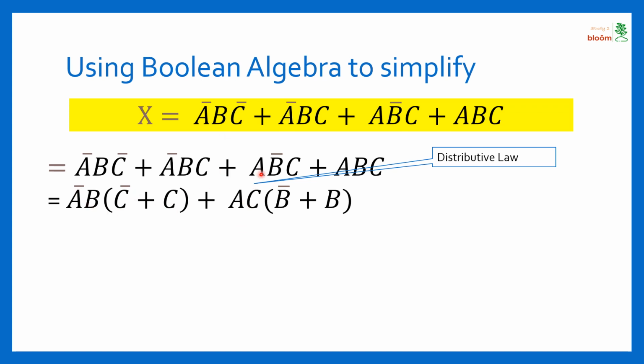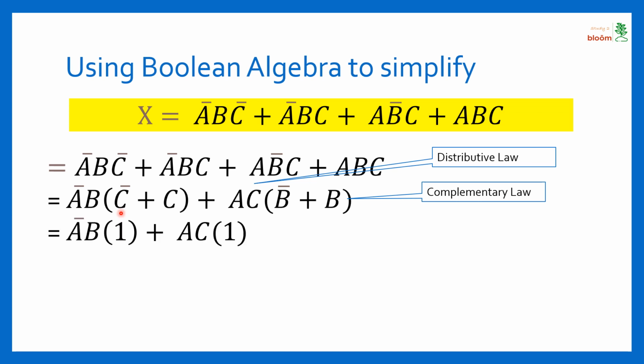And here again we can take AC outside the brackets and we get this. Then here we see negative C plus C. So using the complementary law, we can say this clause is equal to 1, and here again it's 1.